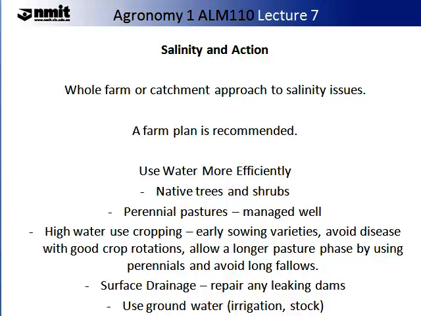You can do this by planting native trees and shrubs, changing your cropping practices to perennial pastures that are well managed, high water use cropping, early sowing varieties, and avoiding disease of these varieties. You need to consider good crop rotations and allow a longer pasture phase by using perennials and avoid long fallows. Surface drainage should be repaired, and use groundwater irrigation for stock, for example.